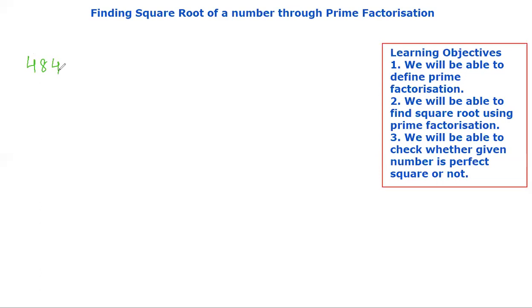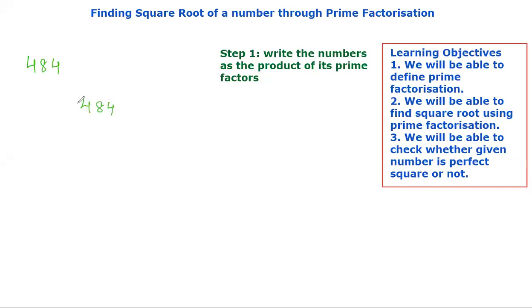So now my first step would be, we have to write the number as the product of its prime factors. So now let us do the prime factorization of this. So how will I do this? 484, I will be drawing a line over here. Now first, since it is an even number, it will be divisible by 2, and 2 we know that it is a prime number.